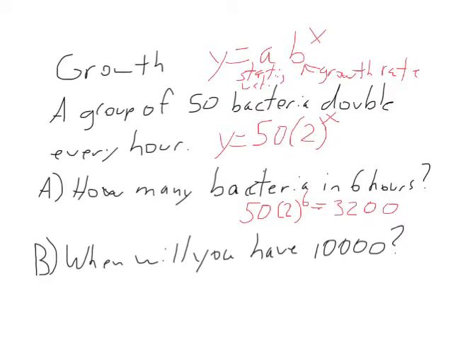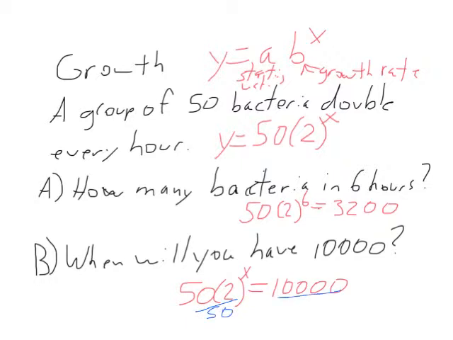Well, the idea there is that we would be solving for that. 50 times 2 to the x power, like what power would give you 10,000. So to solve for that, you can use logarithms, which is what we've been practicing in class. I mean, it is an exponential equation, and we've learned to use logarithms to solve that. So I would begin that solving process by dividing by 50.